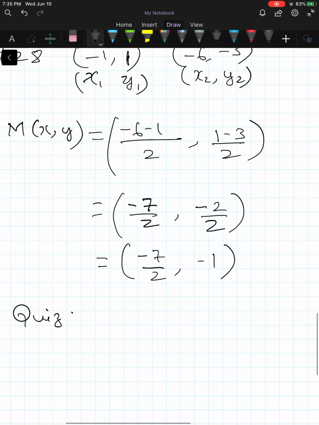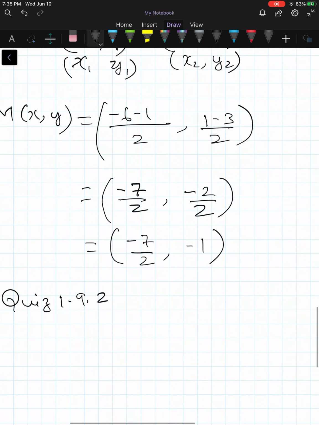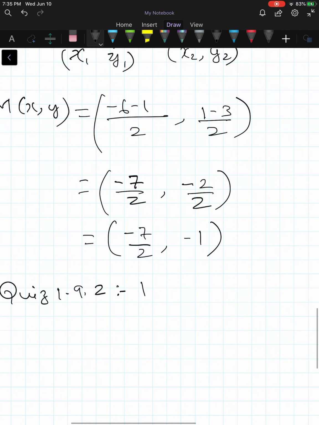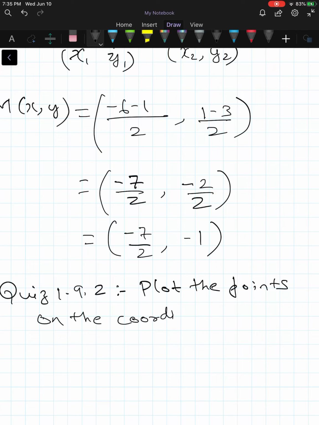So now is the time for your quiz 1.9.2. Plot the points on the coordinate plane.